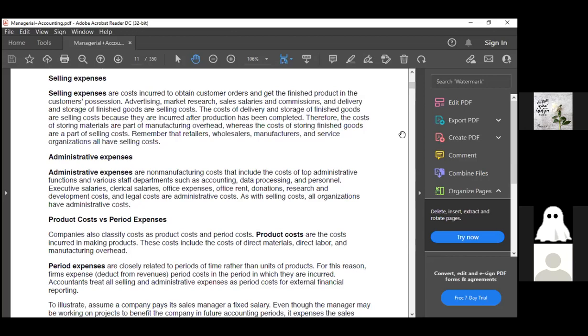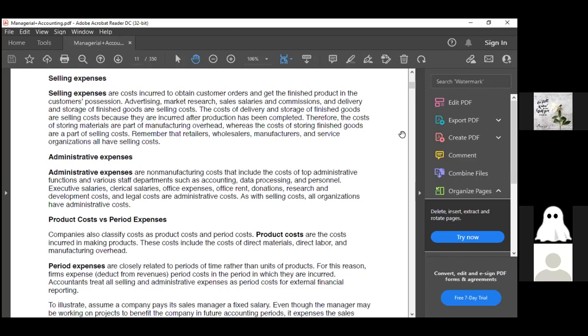So advertising, market research, sales salaries and commissions, delivery and storage of finished goods are all selling costs. The cost of delivery and storage of finished goods are selling costs because they are incurred after production is completed. Therefore, the cost of storing materials are part of manufacturing overhead, whereas the cost of storing finished goods are part of the selling overheads.